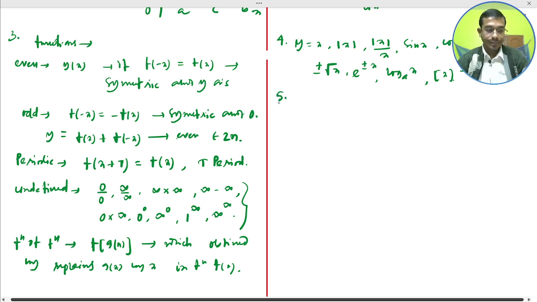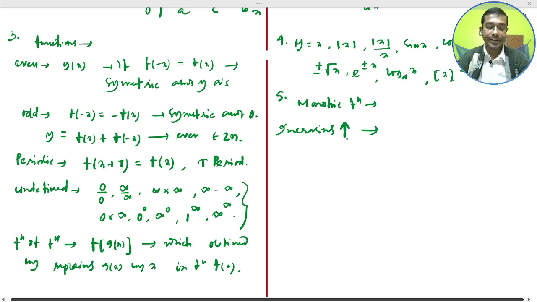Next, some important topic like the monotonic function. First one, the increasing function.